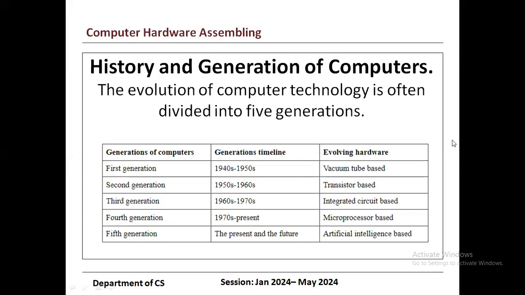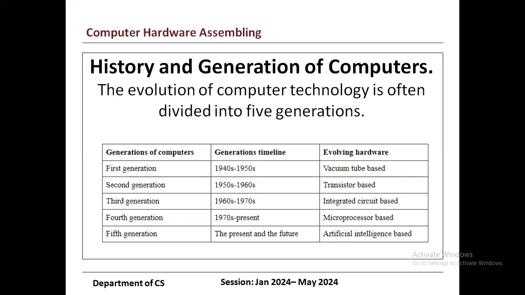So first of all, I will discuss the history and generations of computers. Computers have gone through many changes over time. The first generation of computers started around the 1940s, and since then there have been 5 generations of computers until 2023.